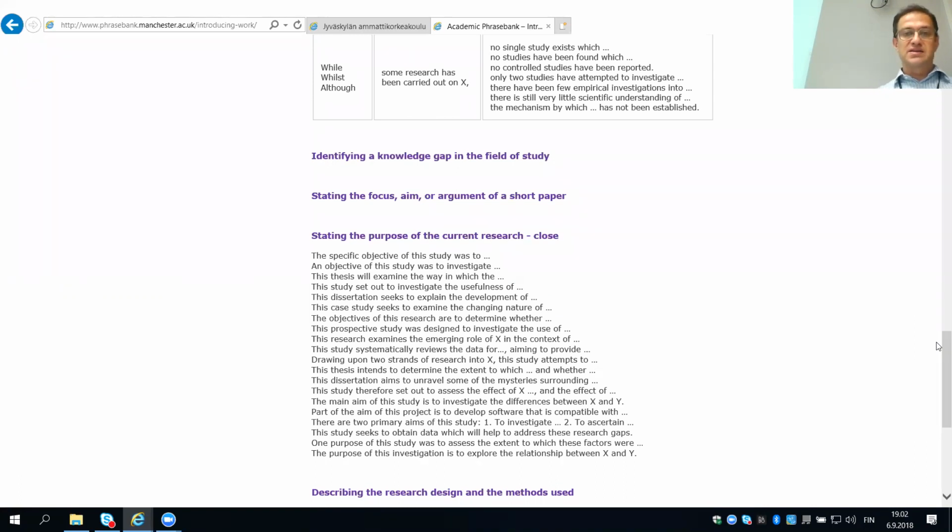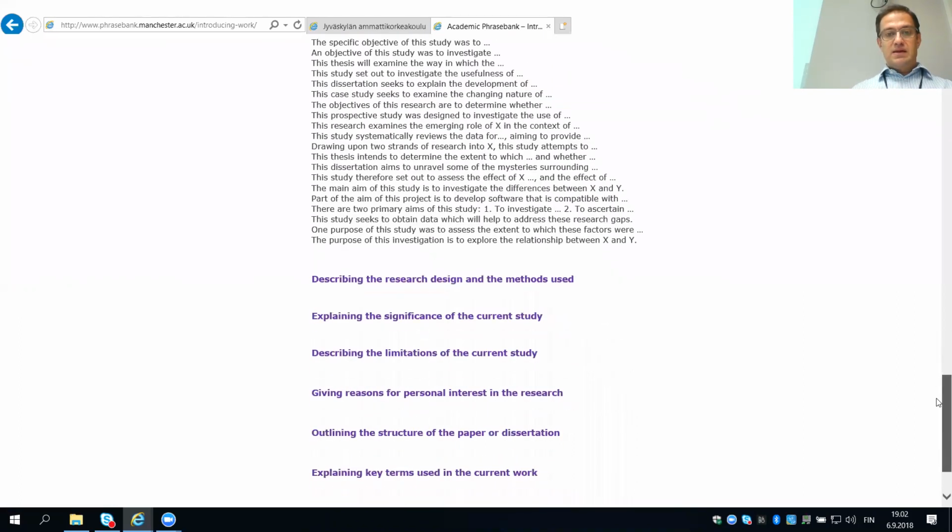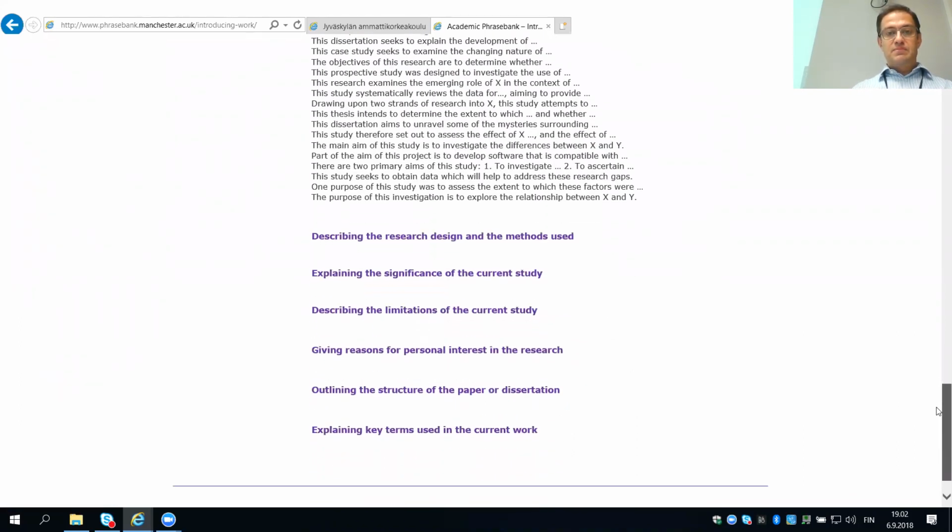Use the variety that is available here. So we can find many possibilities related to the introduction chapter in this Manchester phrase book.